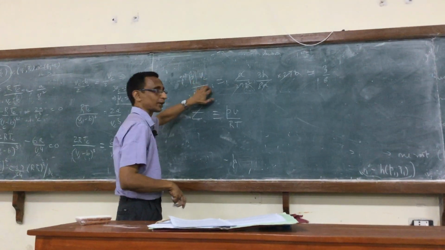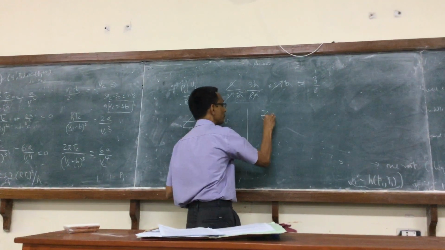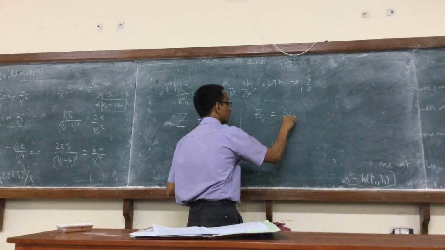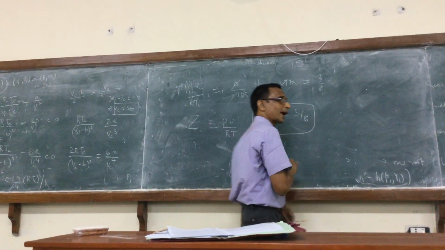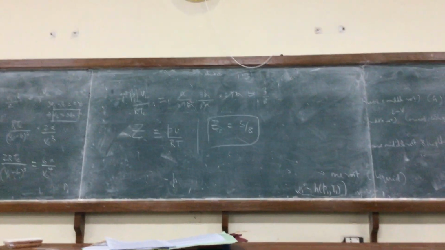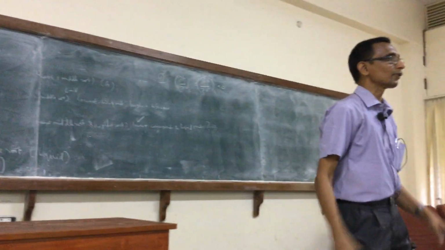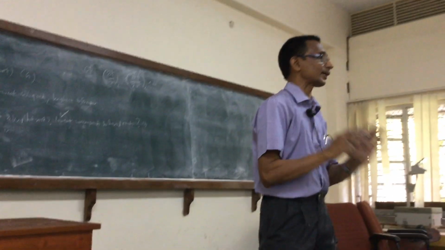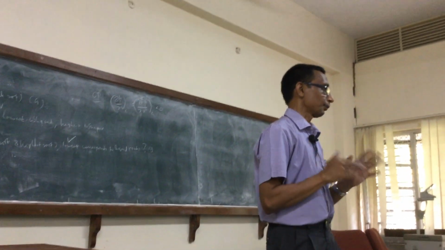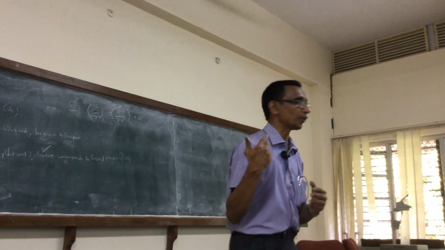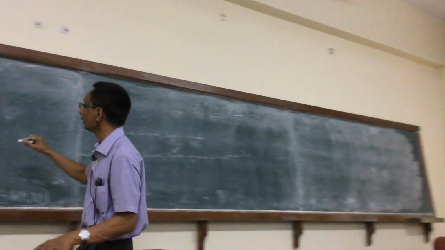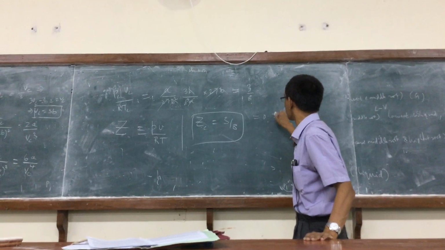Here what we are having is that the critical compressibility of the van der Waals fluid is actually independent of the parameters A and B. Means all van der Waals fluids have the same critical compressibility, and that is 3 over 8, which is really 0.375.